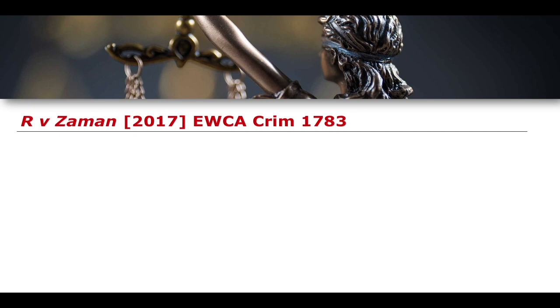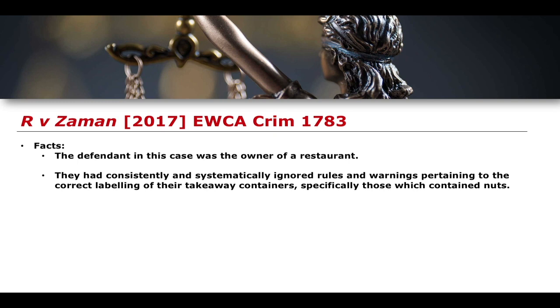The case of Crown versus Zaman from 2017 is also one which is of particular interest here. The defendant in this case was the owner of a restaurant. They had consistently and systematically been ignoring the rules and warnings which relate to the correct labelling of their takeaway containers. Specifically, the problem at issue was whether or not the contents of that food contained any nuts or could have contained nuts.